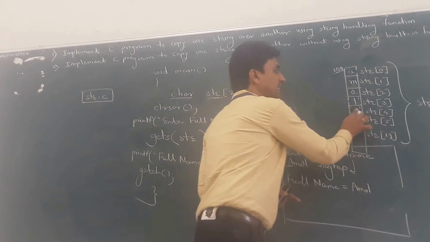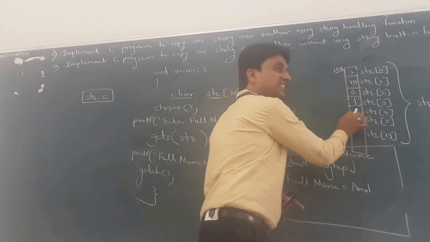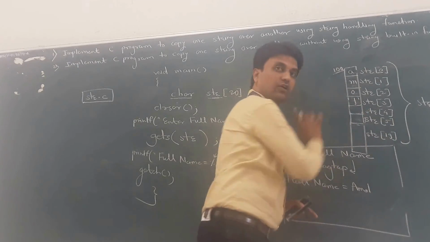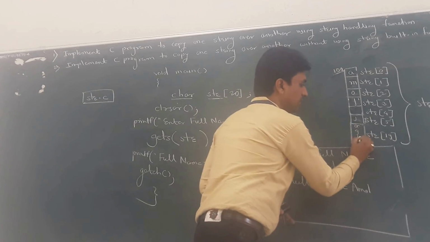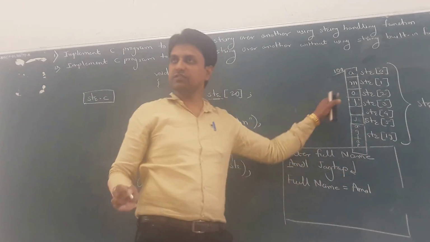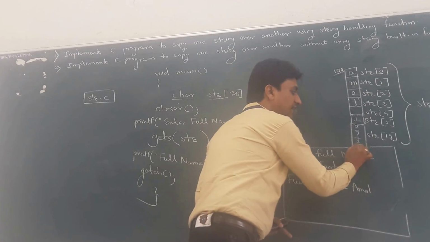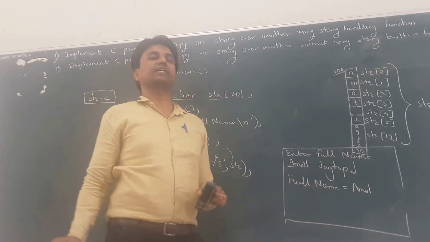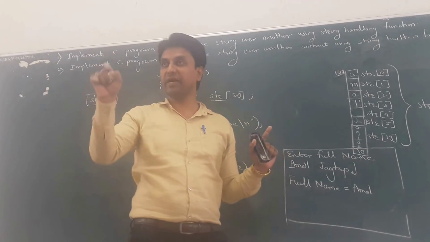Here \0 is not added at the end after L. So a space character is assigned to str of 4. After that, the Jagtap string is stored, and at the end \0 is added by the compiler.